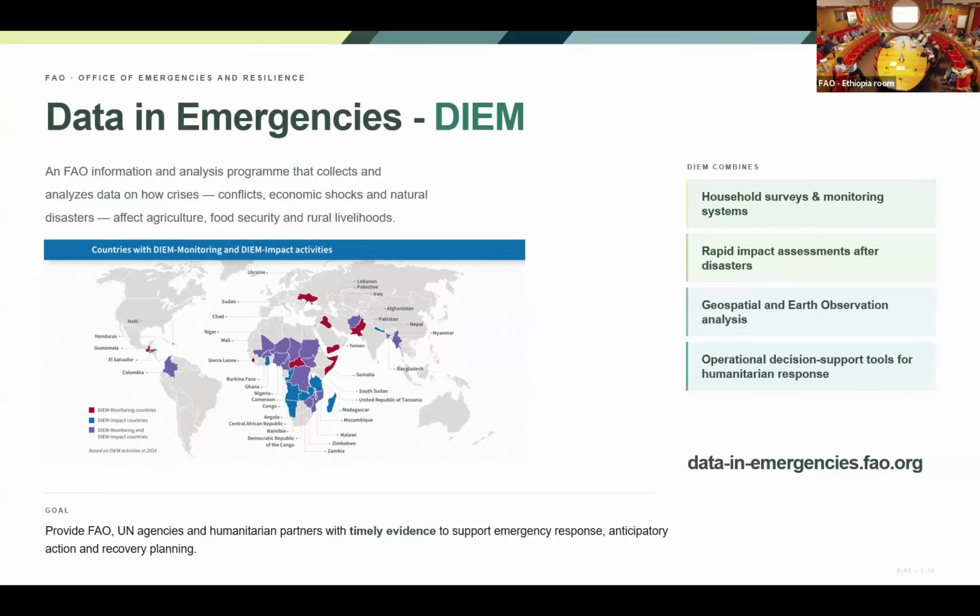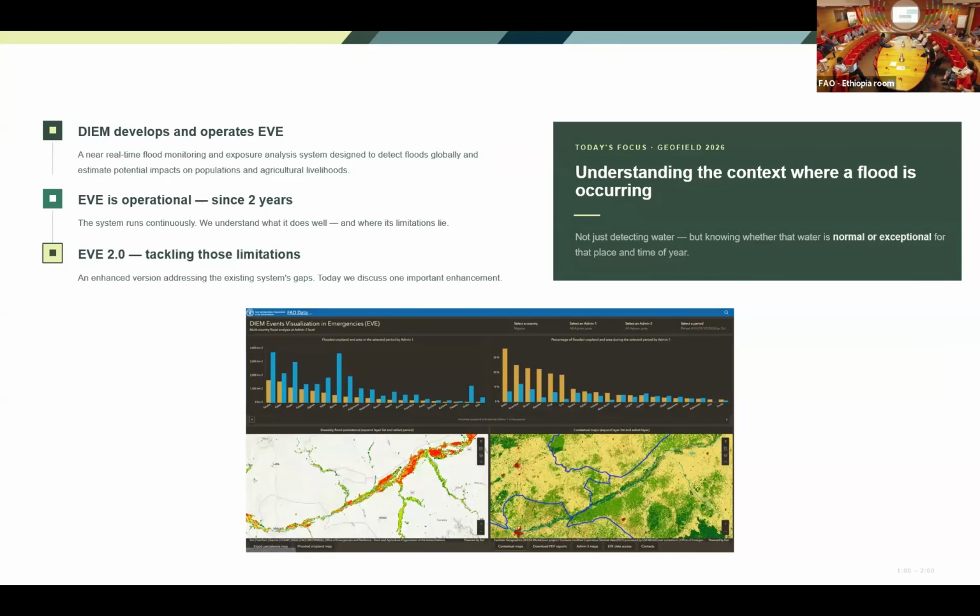So you are invited to discover this hub. So among the geospatial responsibilities of DIEM, already a couple of years ago, we developed a platform called EVE, Events Visualization in Emergencies, that aims at detecting and monitoring floods on a global extent to estimate potential impact on agriculture and livelihoods.